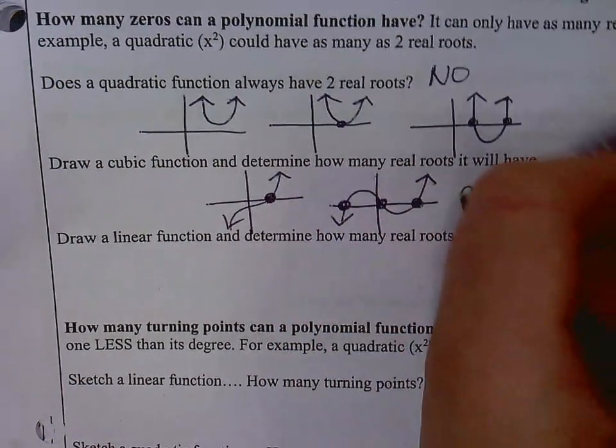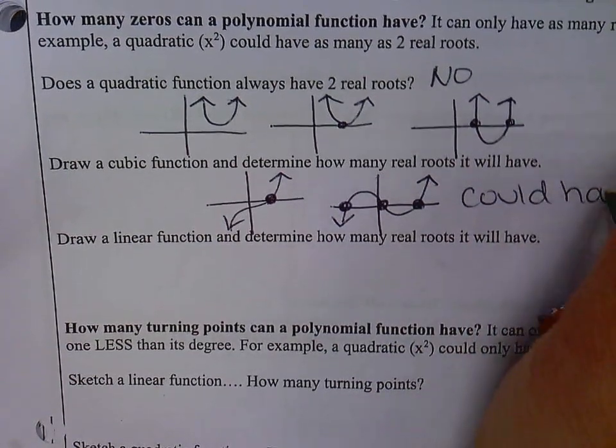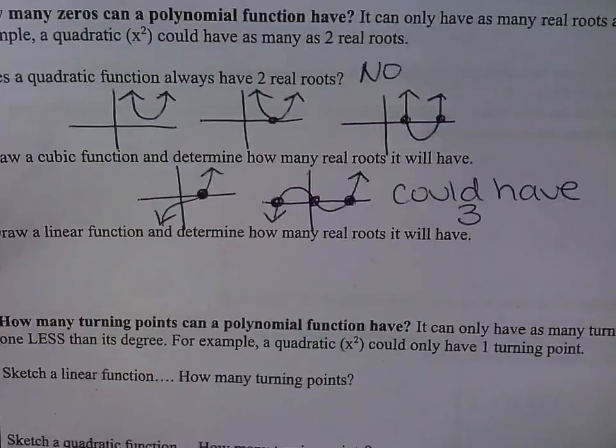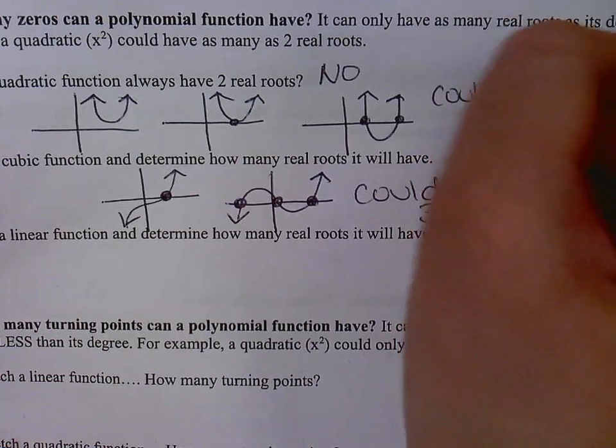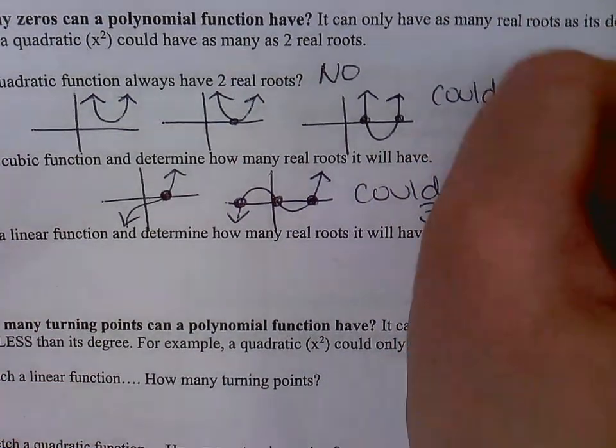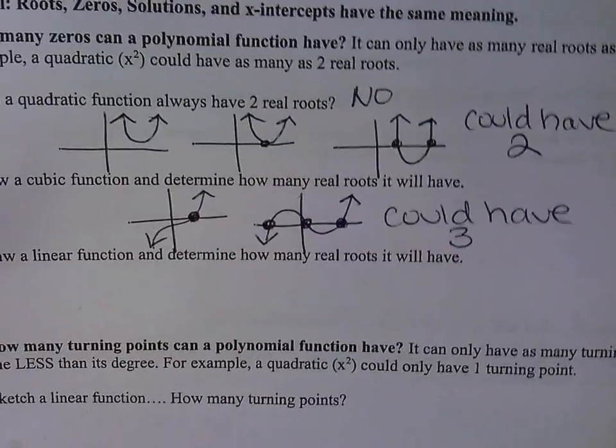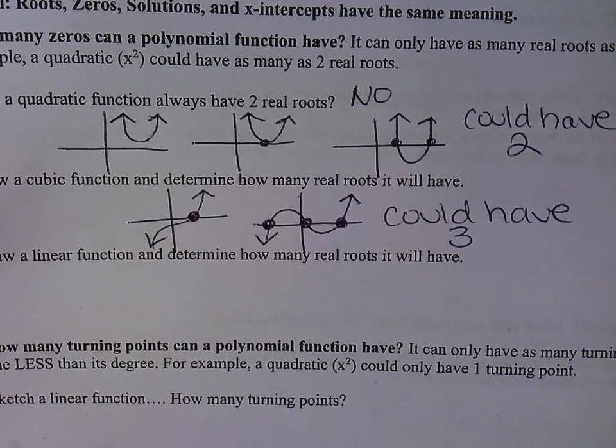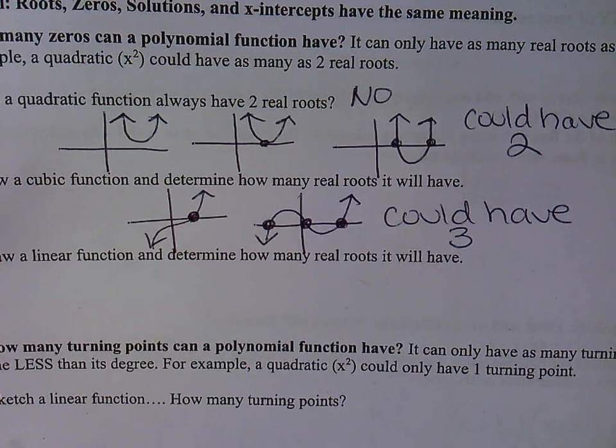And I would write could have 3. This one I'm going to say could have 2. So quadratic could have 2, cubic could have 3. I don't have to memorize that. As long as I know what my graphs look like, I could just sketch a graph and then figure it out counting on the graph.